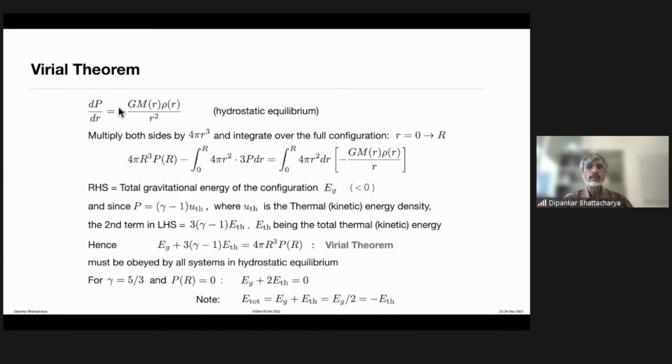Integrate the left hand side by parts, then we will get 4 pi R cubed P at capital R minus the integral from 0 to capital R of 4 pi r squared times 3P dr. On the right hand side, you will have the integral from 0 to capital R of 4 pi r squared dr times G m(r) rho(r) over r.